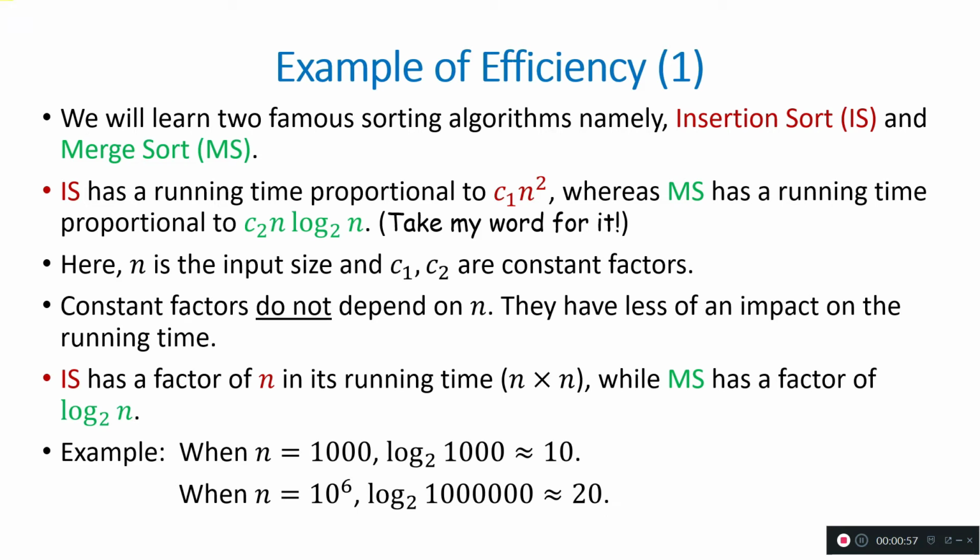To understand the relation between n and log n, let's look at this example. So when n is equal to 1000, the log base 2 of n would be approximately 10. Whereas when we increase n by an order of magnitude of 1000, then log base 2 of 1 million would be approximately 20.